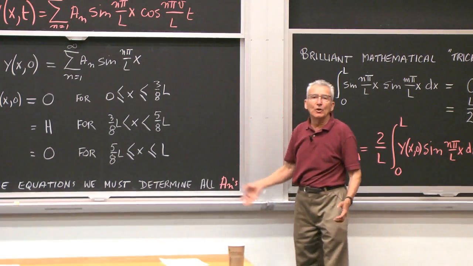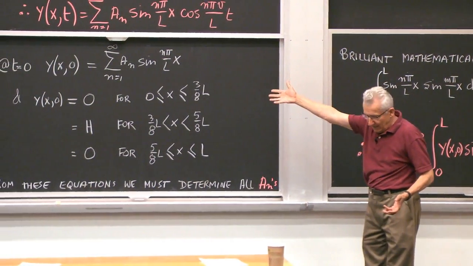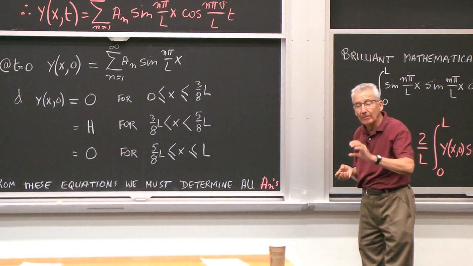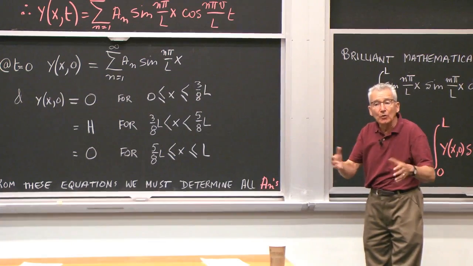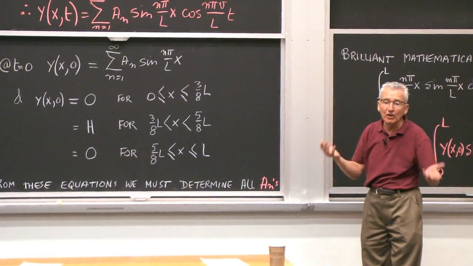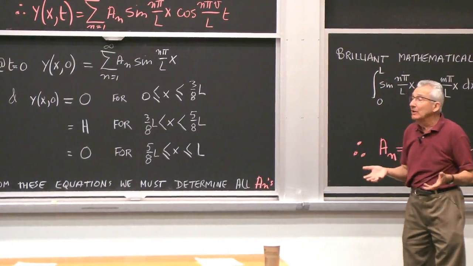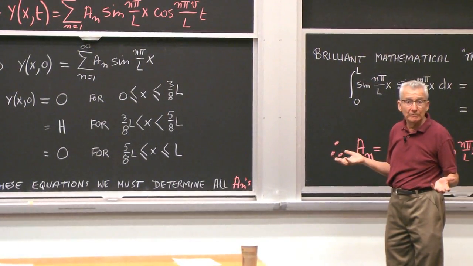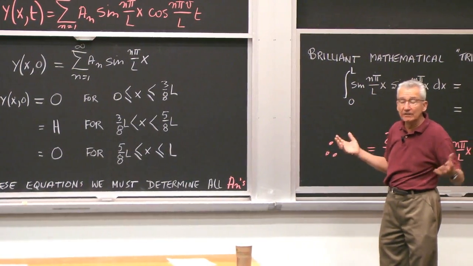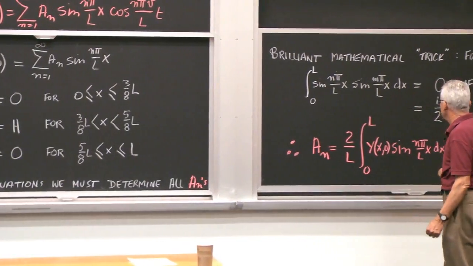Each one of an is the amplitude of the harmonic. You may be interested in what is the amplitude of the first harmonic solution, or the second, or third. However many you want, so many integrals you have to do. No magic. You're basically solving an infinite number of equations.